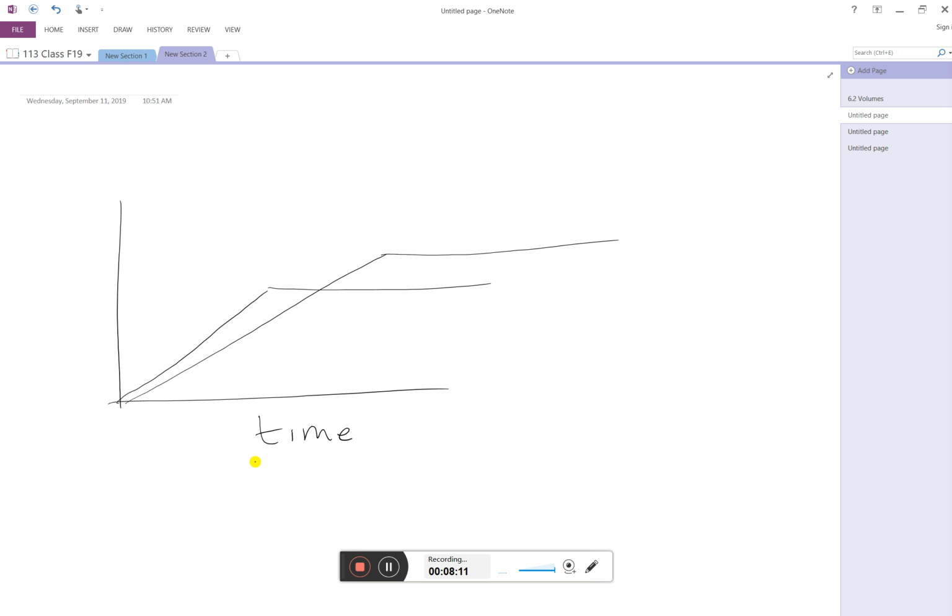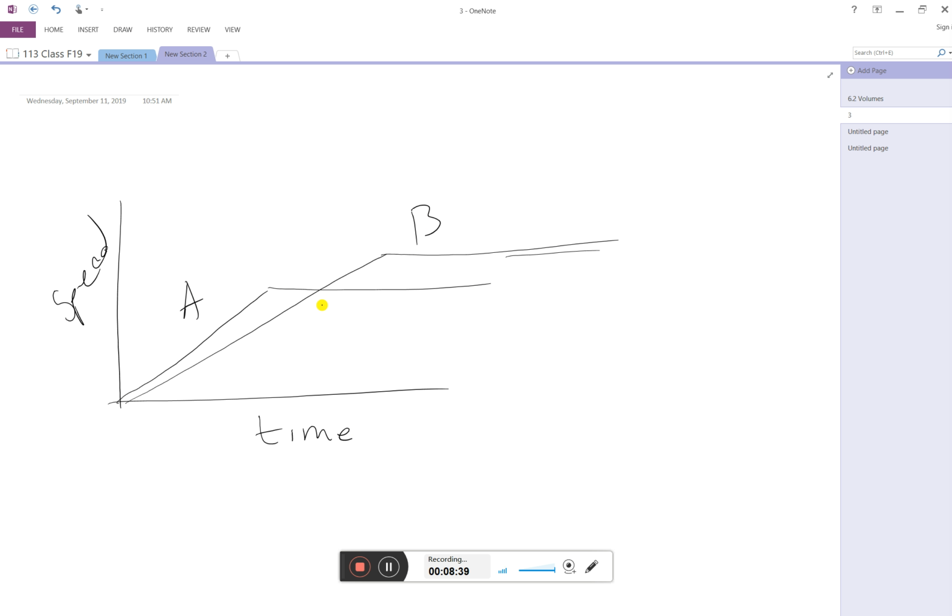You can't get a vehicle that is high on both. The higher your top speed, the lower the acceleration tends to be. So this is an example of two carts. We'll call this cart A. This is cart B. A has quicker acceleration than B, but B has a higher top speed.